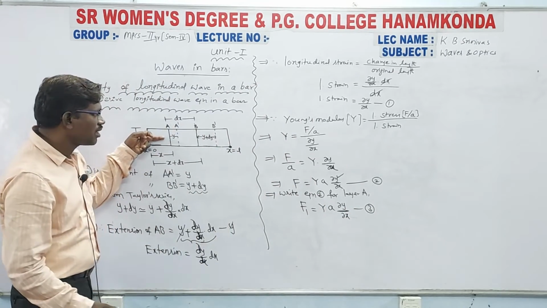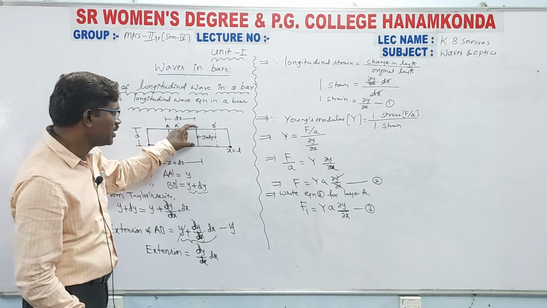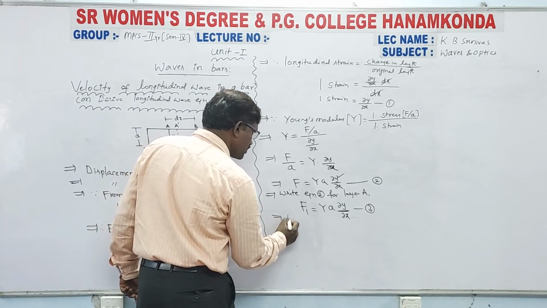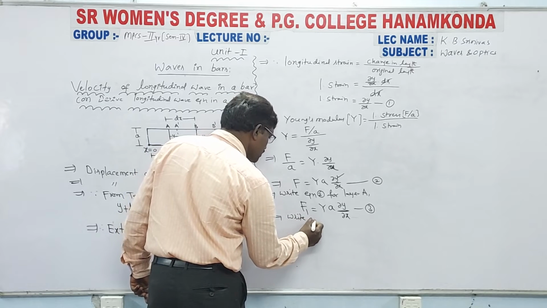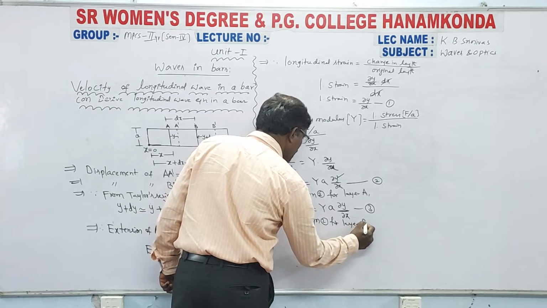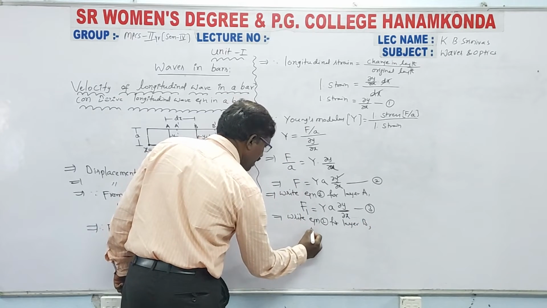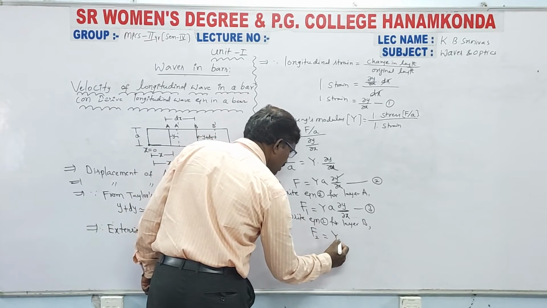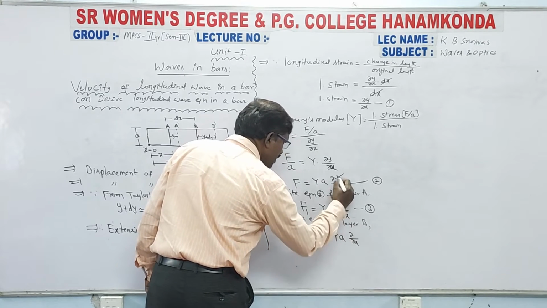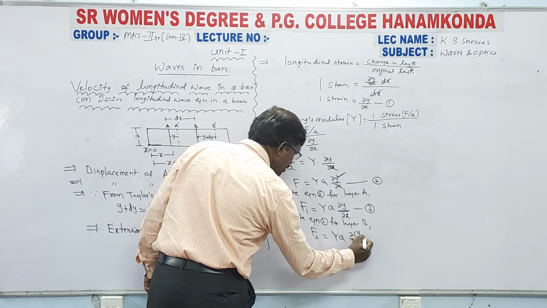While the longitudinal wave is passing through B, its displacement becomes y plus dy. So, if I write equation 2 for layer B, what happens? The force acting on layer B is equal to YA, same values, ∂/∂x, but instead of y we have to write y plus dy.